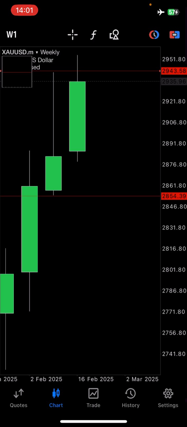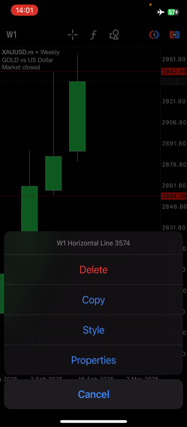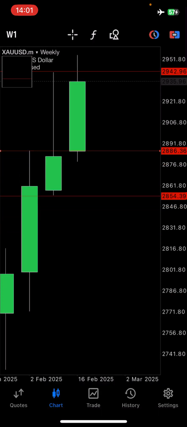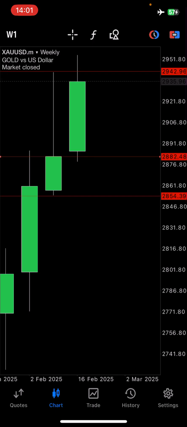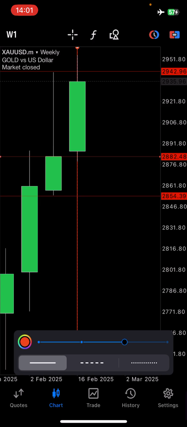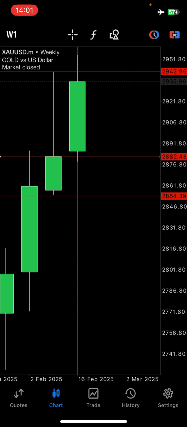And then also mark the closing, and then take a vertical line and mark where you're going to start trading the coming week. This is going to be like a roadmap. It's going to help you know what you're going to be doing on the lower time frame, where you're going to get your entry, right?